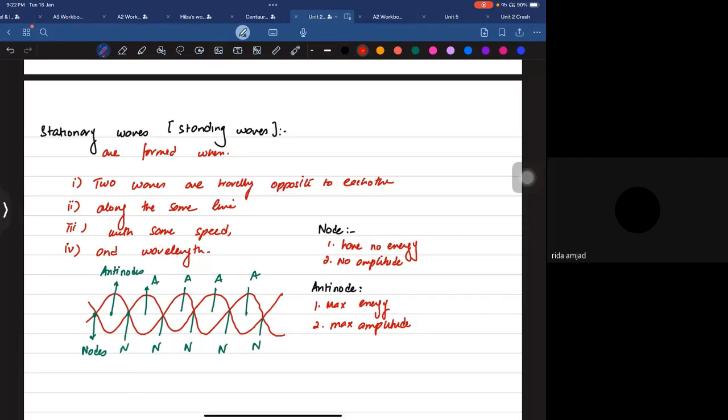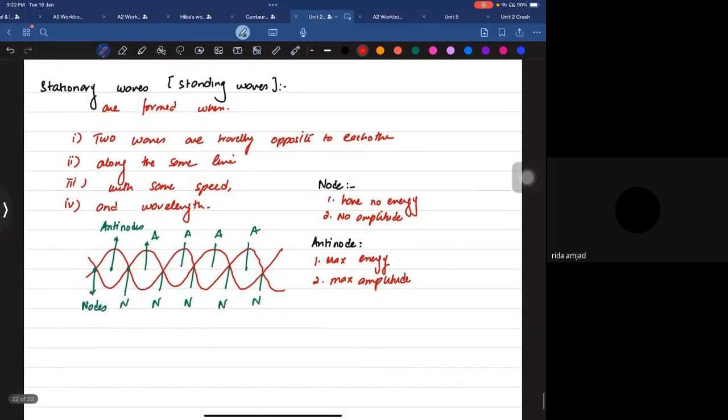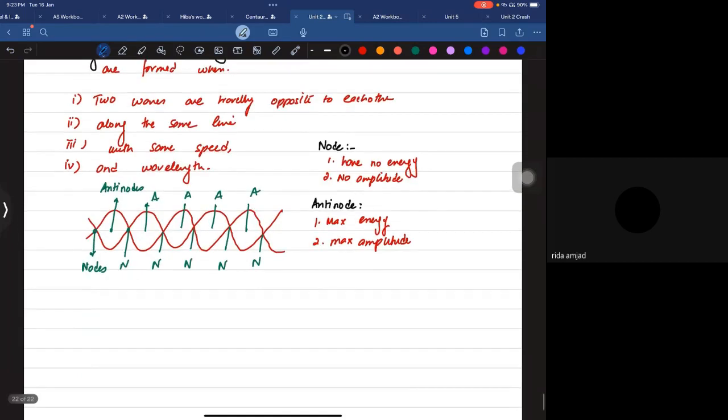So now let's go forward. Speaking of this, if I just draw one portion of a stationary wave, obviously this will be a node.